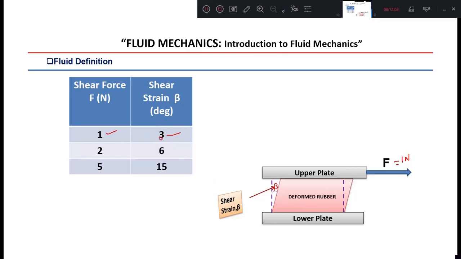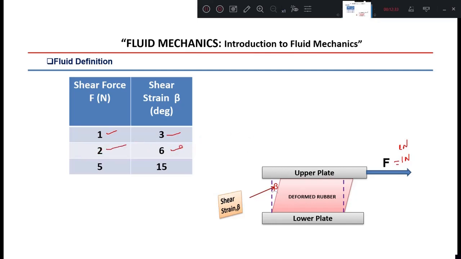So 1 Newton of shear force corresponds to 3 degrees of deformation. Let us now increase the magnitude of this force, say to 2 Newton. Under the action of 2 Newton of force, the angular deformation will be how much? 6 degrees.